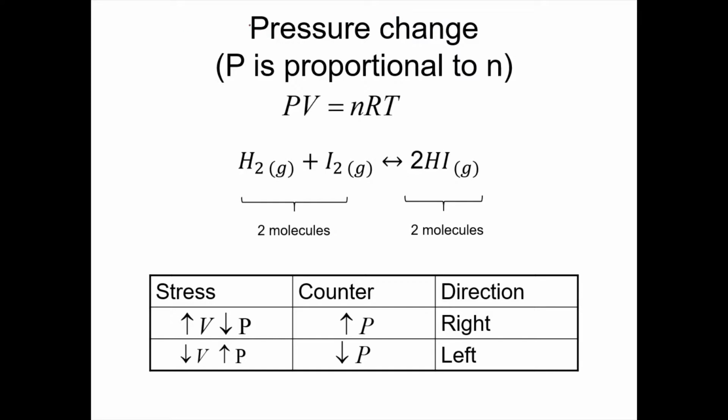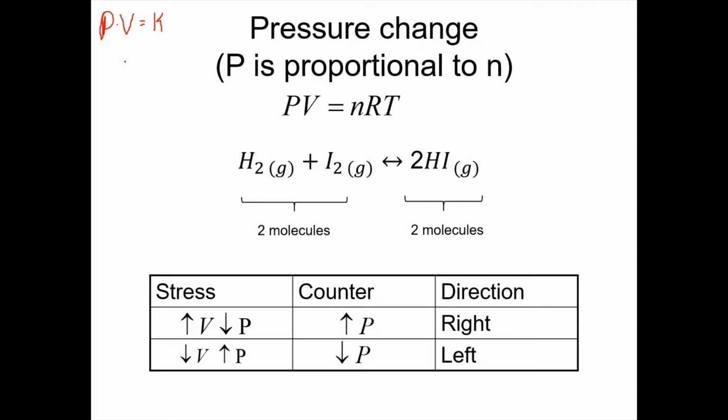And remember that this pressure change is secondary to volume change. So you'll recall that P times V, according to Boyle's law, is some constant, which means that pressure and volume go inversely from each other.